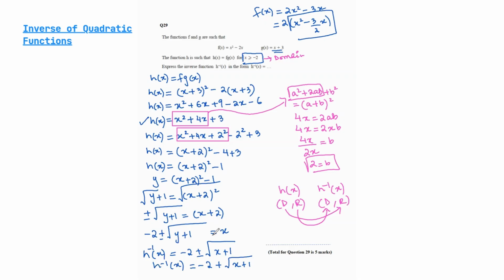We want it to be greater than equal to negative 2. And to make it greater than equal to negative 2, we need to add the root to negative 2, not subtract it. So for that exact reason, our answer is going to be negative 2 plus root of x plus 1. That is your equation for the inverse of this quadratic function.